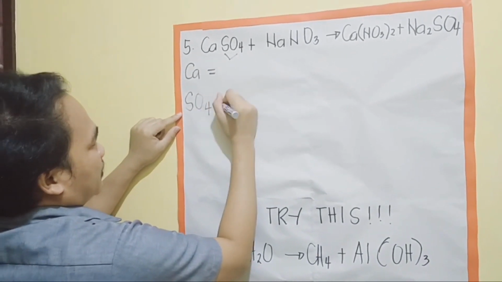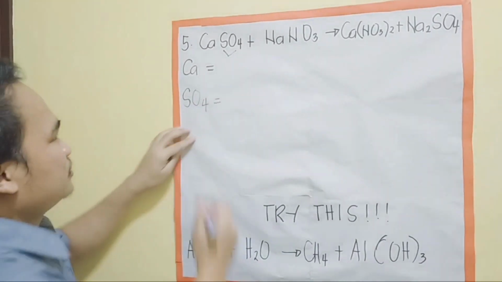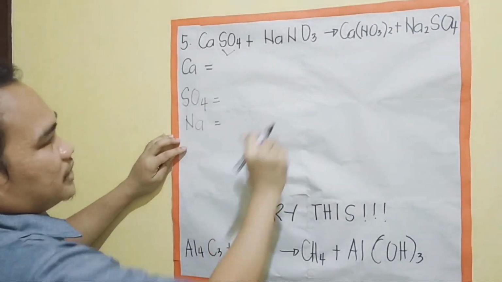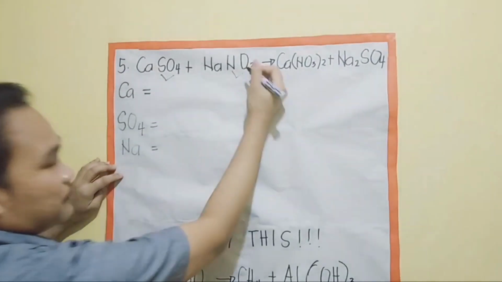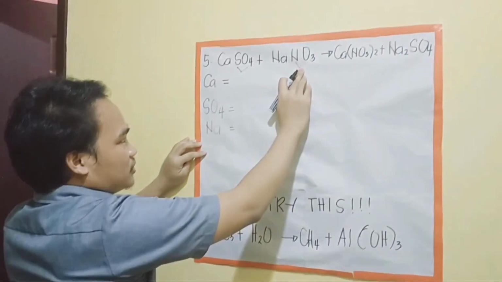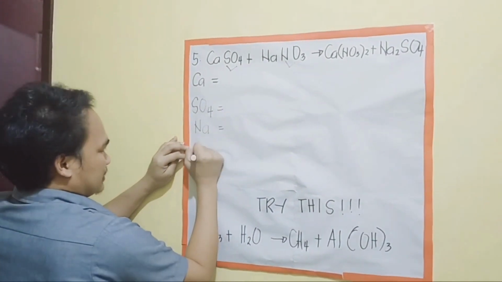We have sulfate, and then sodium, and then this one, another polyatomic ion, nitrate.